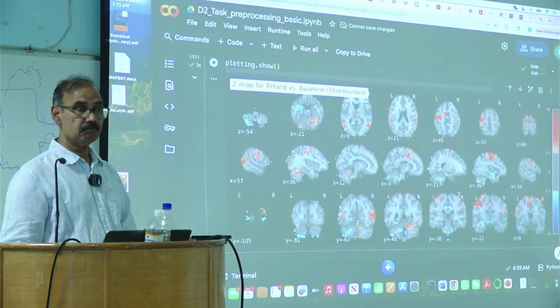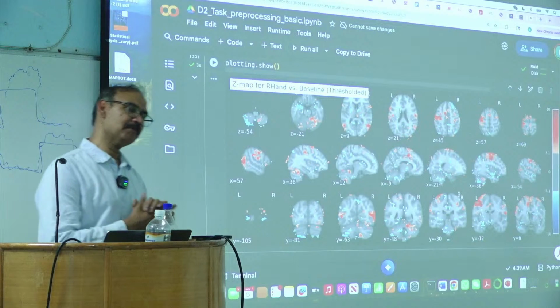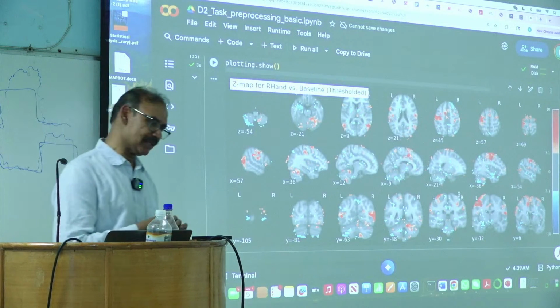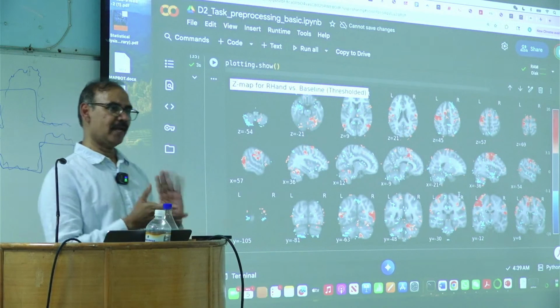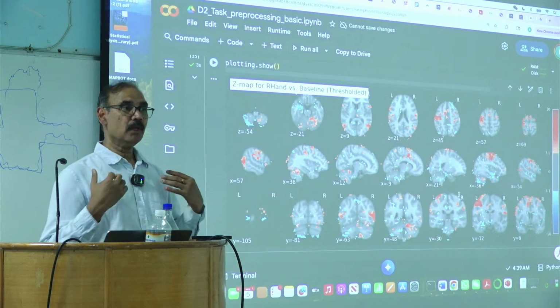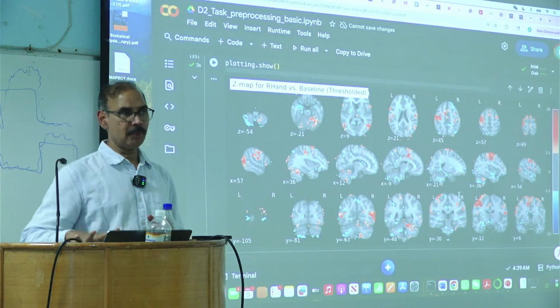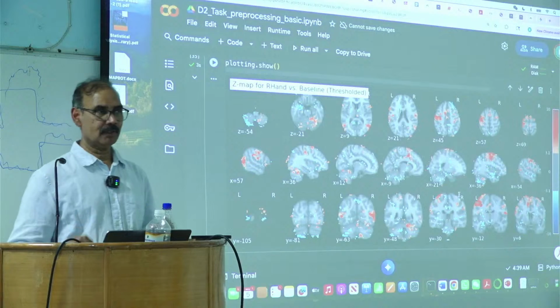Inhibition in a sense, not excitatory and inhibitory. What I mean is that movement, like you are stopping yourself from, right?